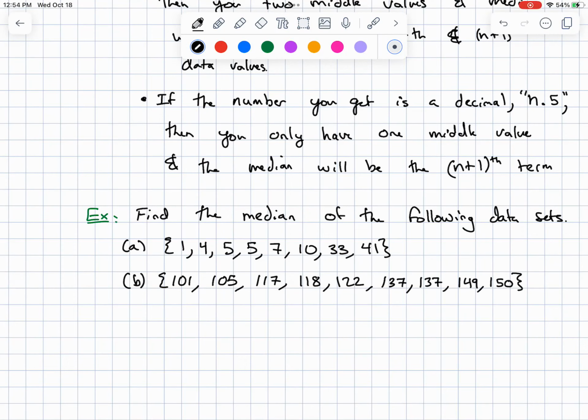And notice that I've already arranged these from smallest to largest, which is nice. But sometimes they're not that way, so we do need to rearrange them.